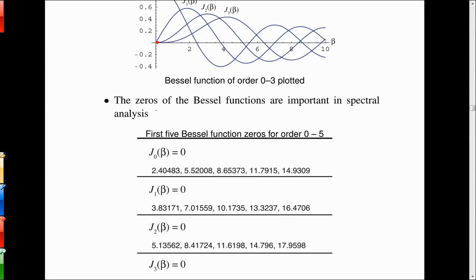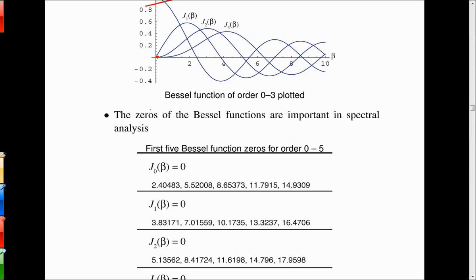In other words, where it crosses through 0. So J0, for example, crosses through 0 its first time right here, and then it crosses through 0 again out here. And J1 crosses through 0 its first time right here, 3.83.